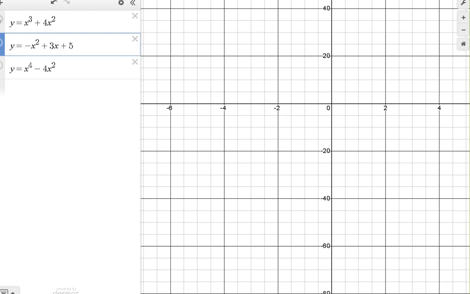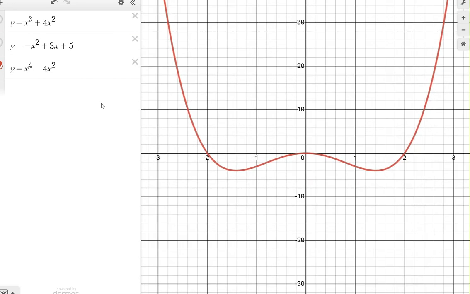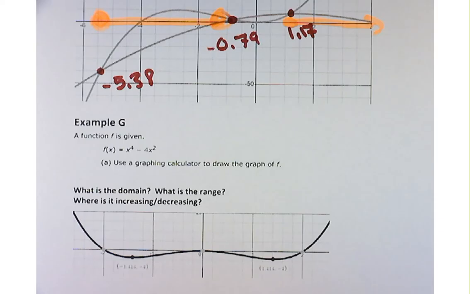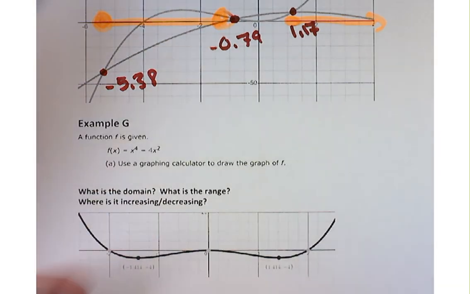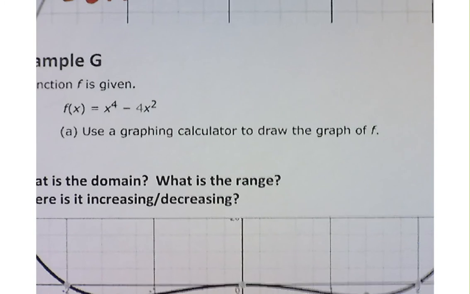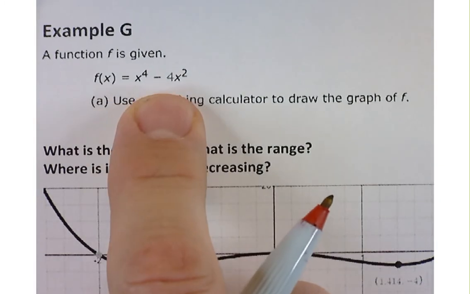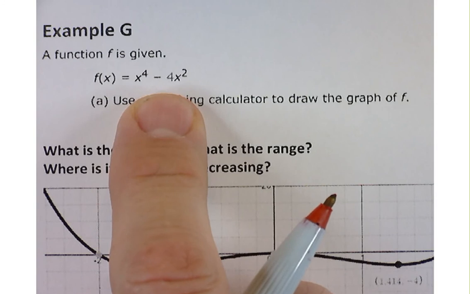And we're going to deal with this graph right here. Graph of x to the fourth minus 4x squared. So repeating myself from earlier, if you think of the domain as being all values of x that you can put in here that aren't going to cause a problem, well, polynomials are never going to have a problem with a zero denominator or anything like that.